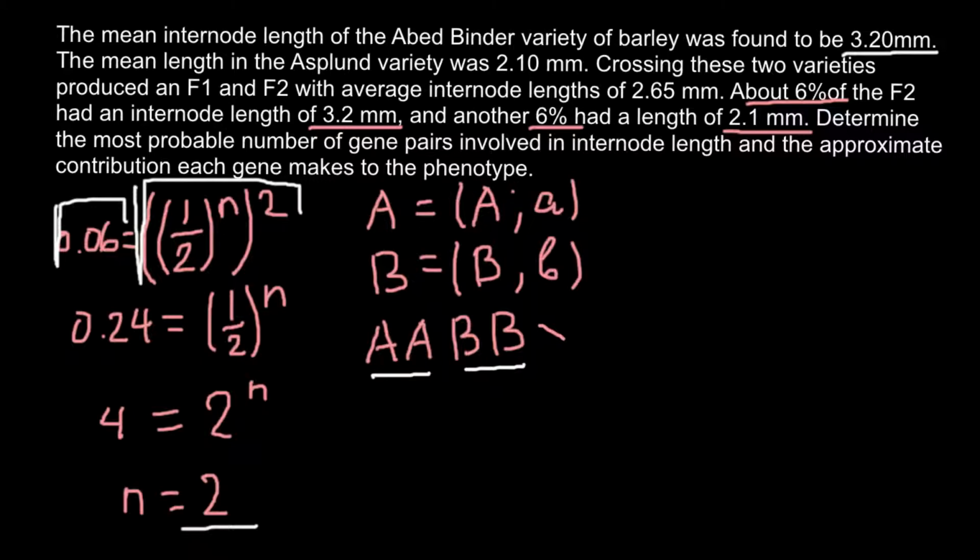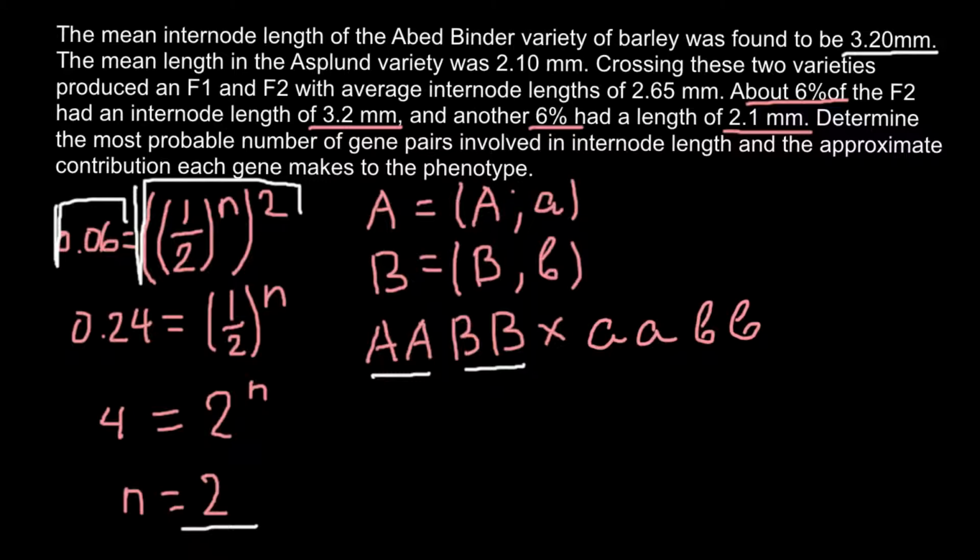And when we cross this with a second variety, that is Asplund, with an internode length of 2.1 millimeters, we can suggest that the genotype of this variety was small a, small a, and small b, small b.